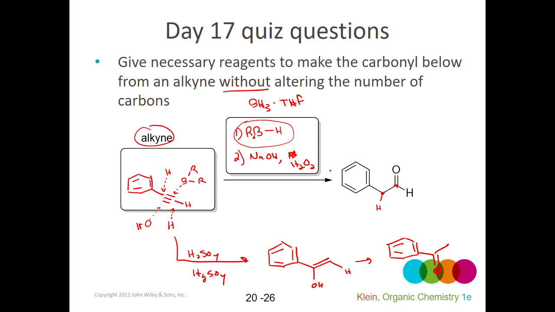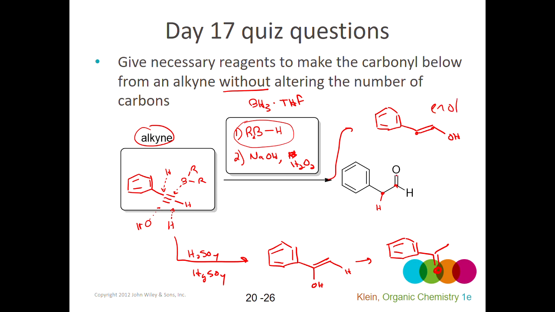Then the second step would replace the boron with an OH. So initially that would give me this structure. I'd be adding OH where the boron is and adding a hydrogen to the other carbon. But then since this is an enol, I expect it to rearrange.